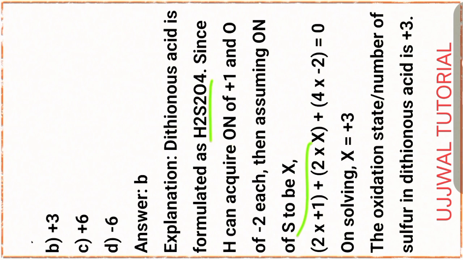By calculation, 2x plus 2 into 1 plus 4 into minus 2 equals 0. Solving, x equals +3. The oxidation state of sulfur in dithionous acid is +3.